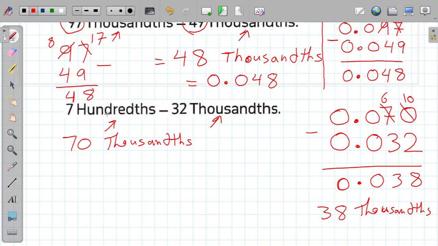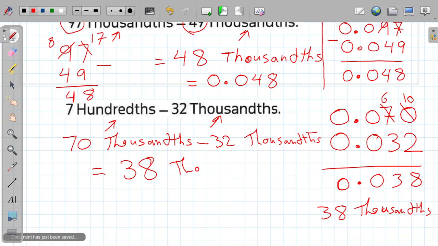So I changed the place value and added a 0 because I moved to the next digit to the right. Okay, so I will say 70 thousandths minus 32 thousandths. So it will become 38 thousandths.